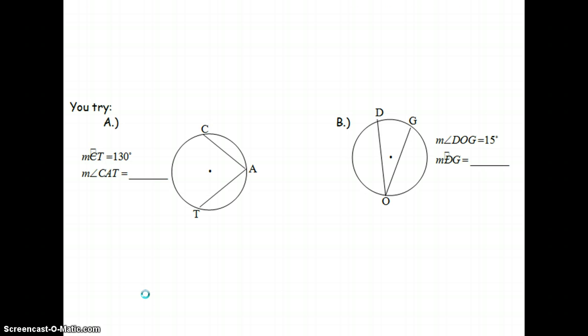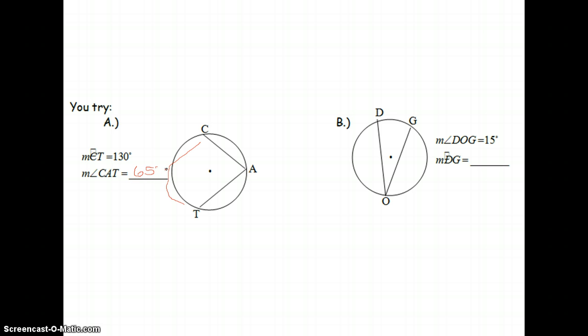So now let's try a few more examples. If we look at this first one here, example A, we're given that the measure of arc CT is 130 degrees. So this time we're given the arc here at 130. And then we know that the measure of angle CAT must be half of that measure, so then the angle will be 65 degrees.